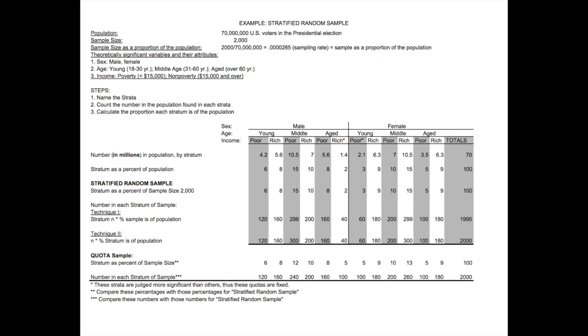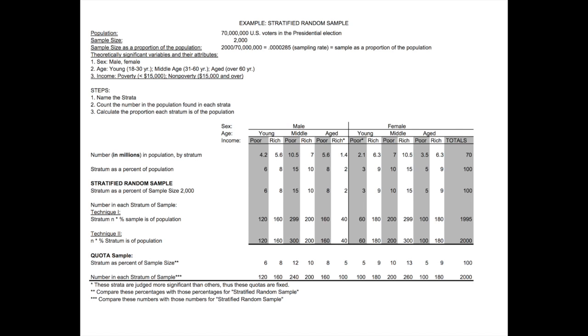Age, we've operationally defined as young, middle-aged, and old or aged, so 3 attributes. Young is 18 to 30, middle age is 31 to 60, and anybody over 60 is in the aged category. So 2 attributes for sex, 3 for age, and 2 for income, poverty and non-poverty, where poverty means less than 15,000.